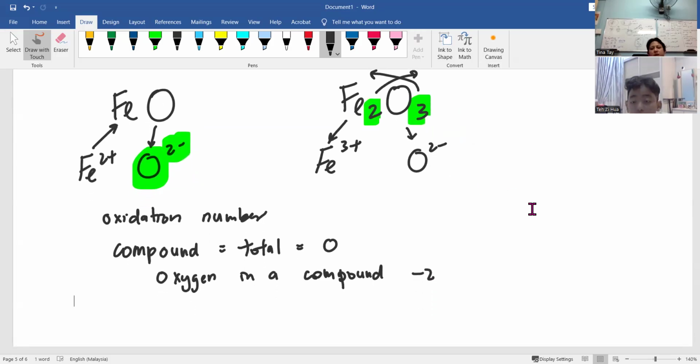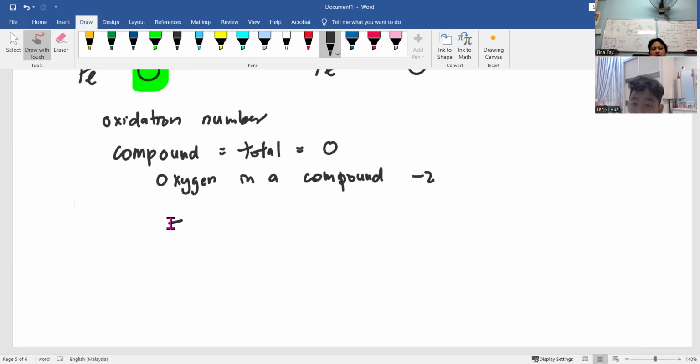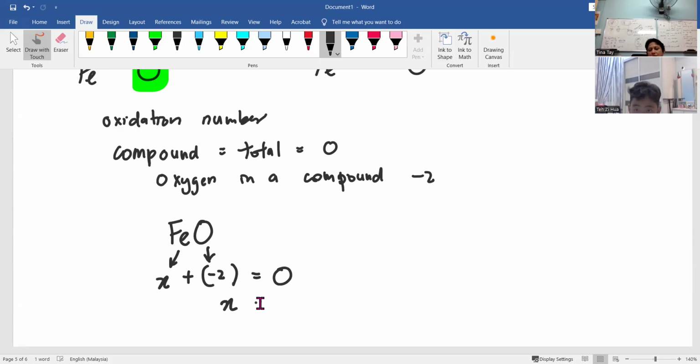So in terms of FeO, you don't know what Fe is. So Fe is X. Oxygen is -2. Everything added together must equal 0. So X equals +2, correct?